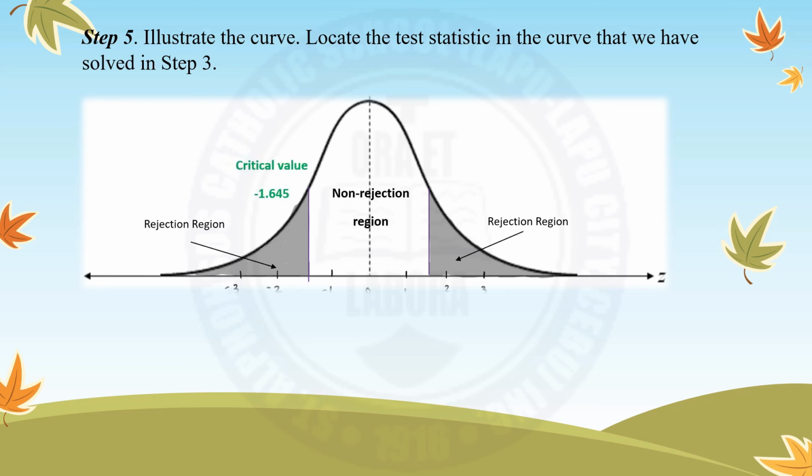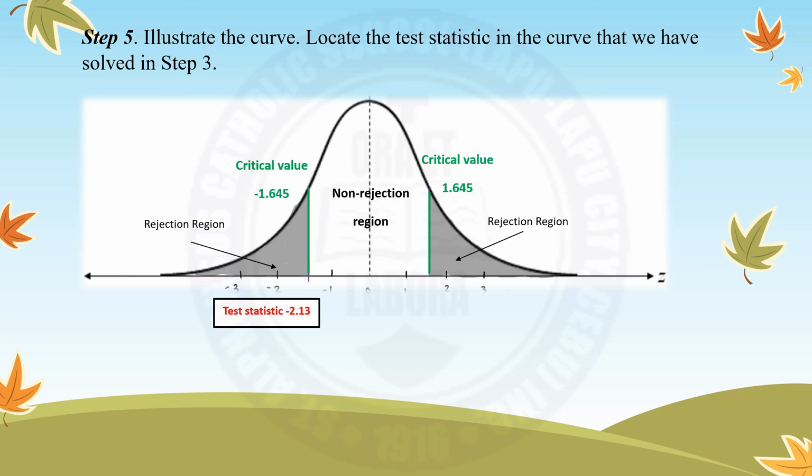The critical value, which is equal to negative 1.645, is in between negative 1 and negative 2. Just estimate the location of this value. And we have also another critical value, which is equal to 1.645. That is in between 1 and 2. Just estimate the location of this value also.